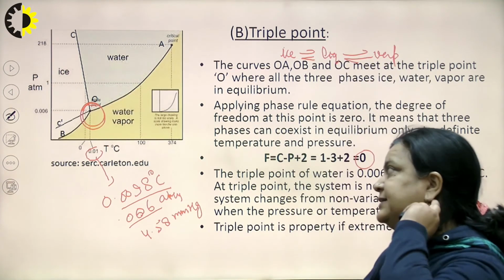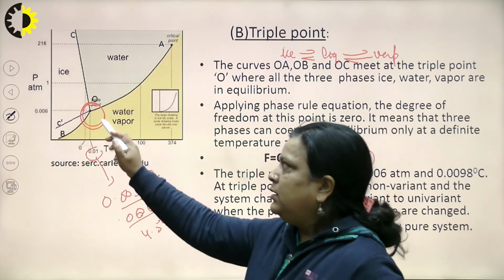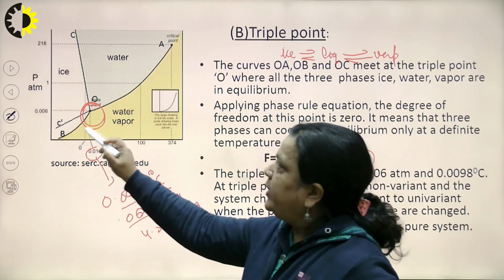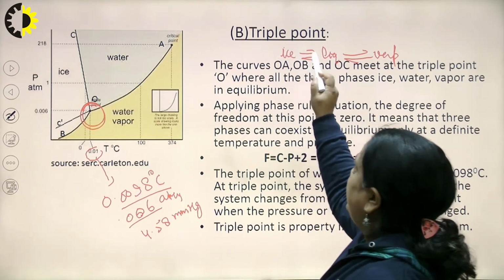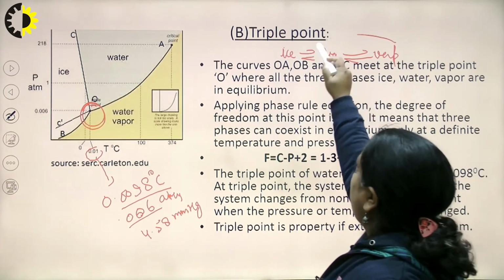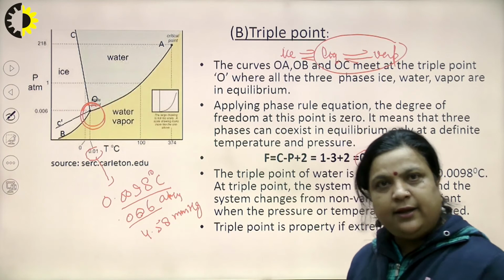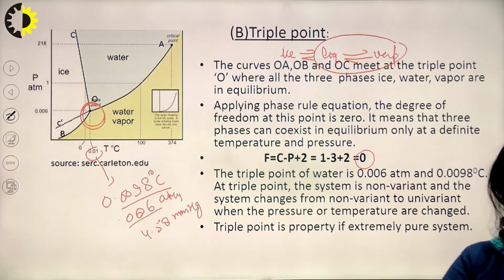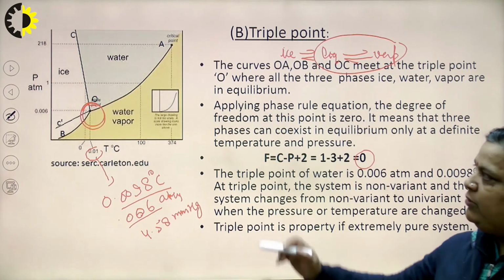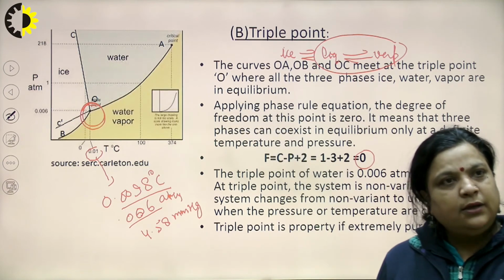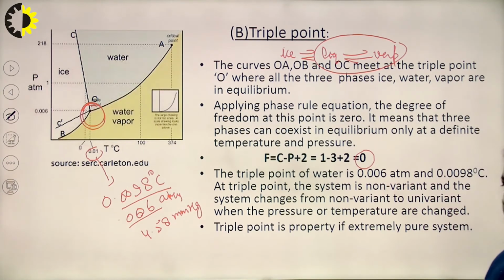So, if we increase the temperature, this phase will merge into liquid, that is, only two phases will be there. So, this point gets changed or it will merge into the curve. So, the triple point is a property of an extremely pure system.